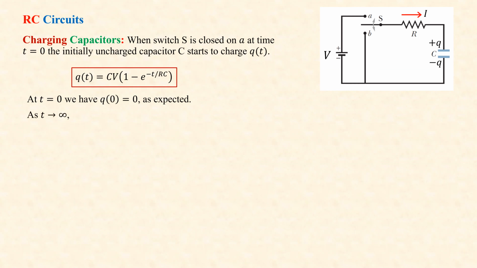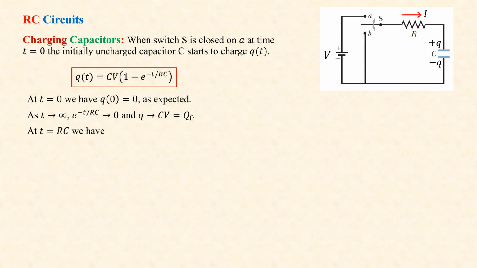At T equal to infinity, what do we get? E to the negative infinity becomes 0. So as T goes to infinity, this Q goes to CV. So e to the negative T over RC goes to 0 and Q goes to CV. This CV is called the final charge, Q final, of the capacitor.